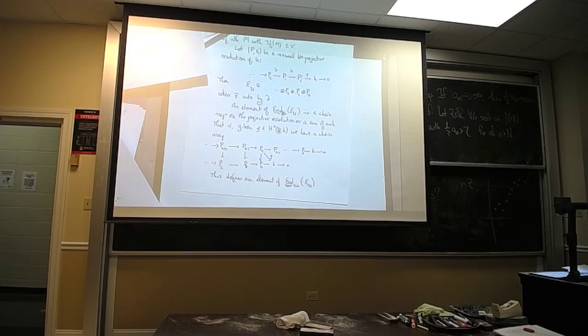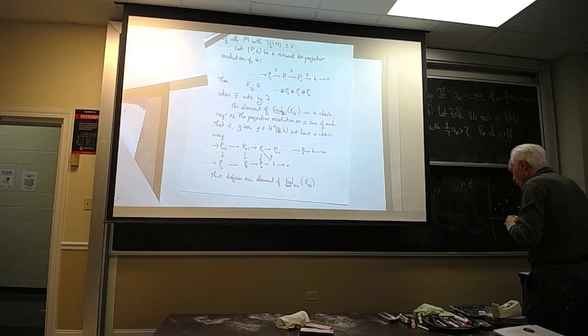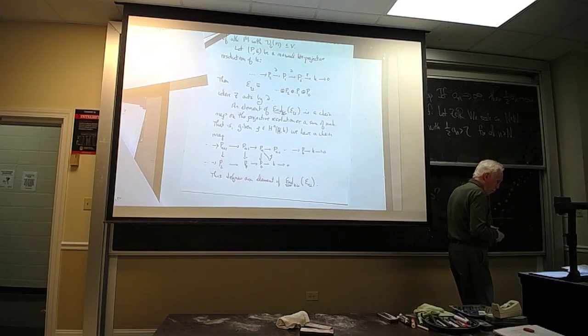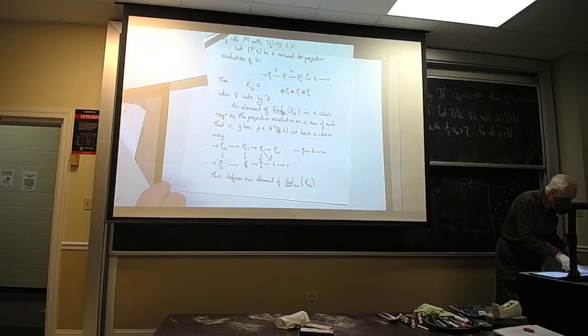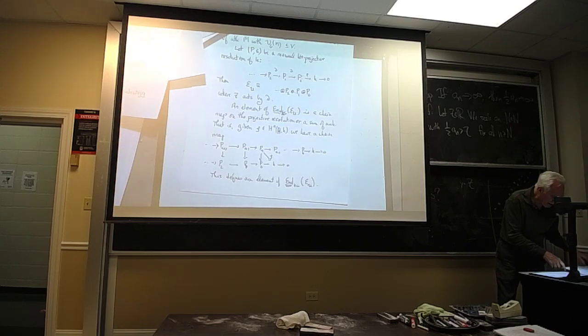Okay, and so in the stable category, it's going to be 0. So it really is cohomology classes, not just cochains. Okay, so this is what we get from this.